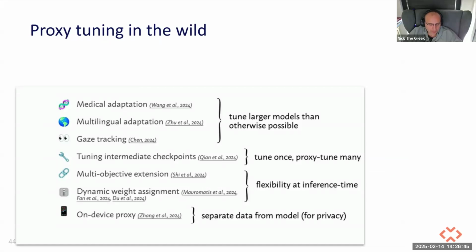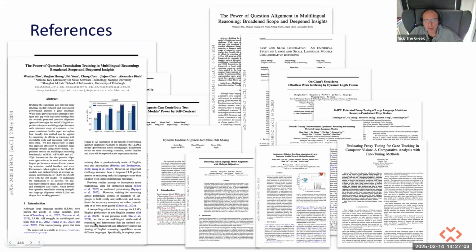And proxy tuning is getting a lot of attention. As I said, here's a bunch of papers. There's a lot of them. I have listed the references. I particularly like the idea of running things on devices. I went through and found most of them.